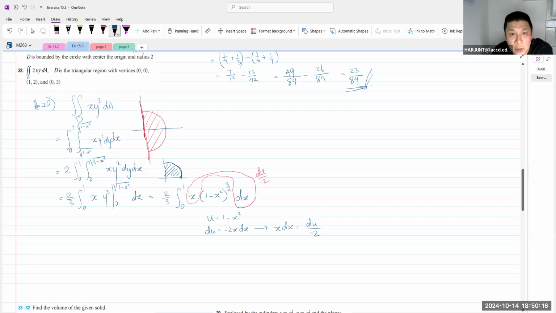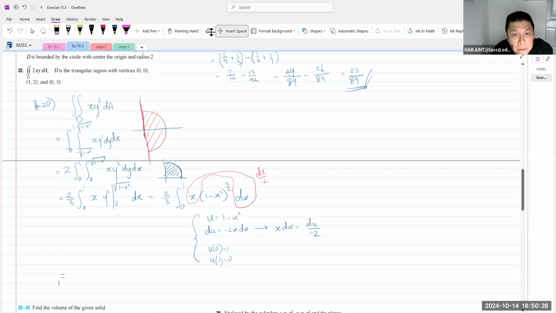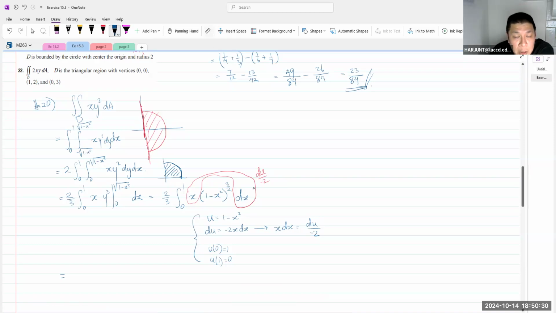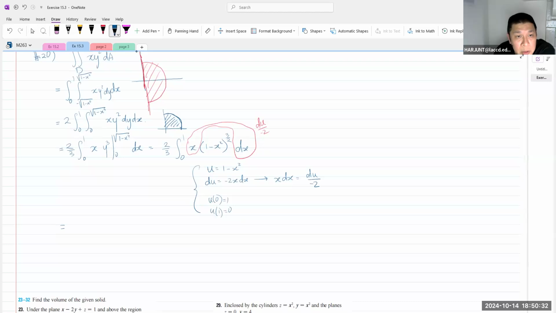How about the limits of integration? u at 0, that's 1. u at 1 is 0. Yeah, let me come back here. So the integration now becomes 2 over 3 integral from 1 to 0 of u to the power of 3 halves du over negative 2.